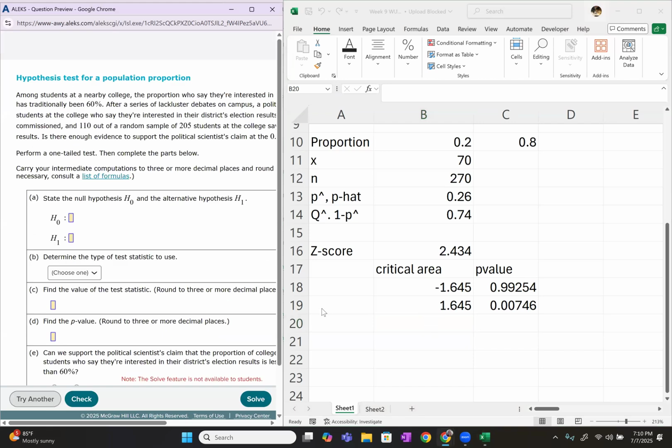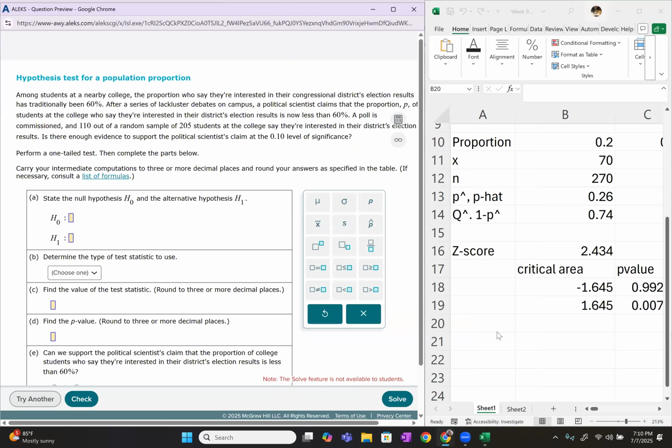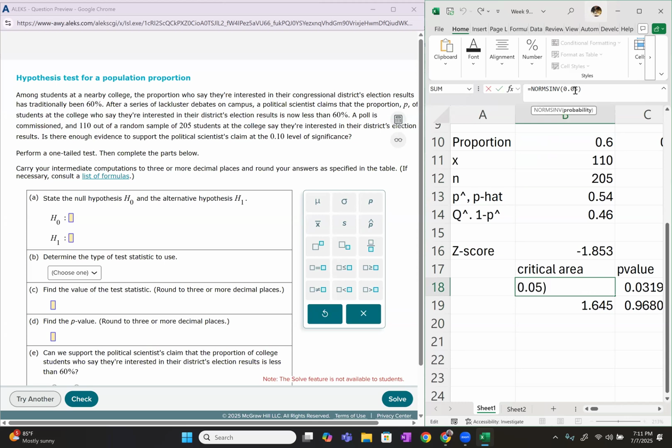All right, so follow along on the handout here. And the only thing you need to change here, 0.10.